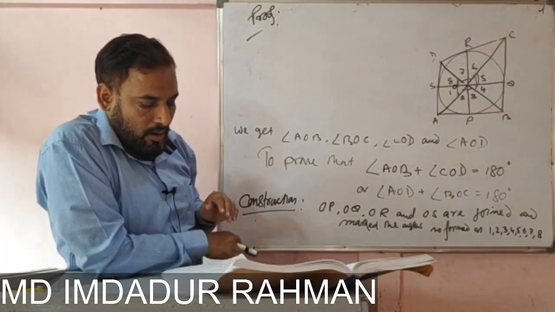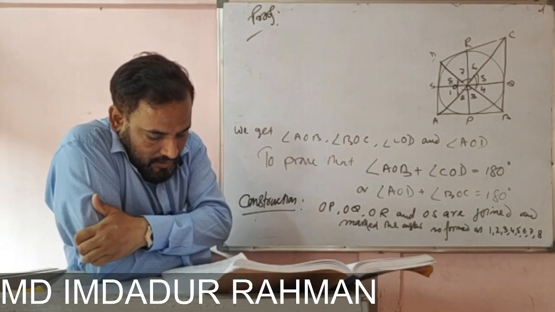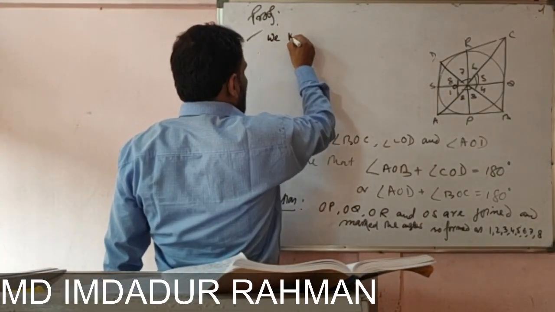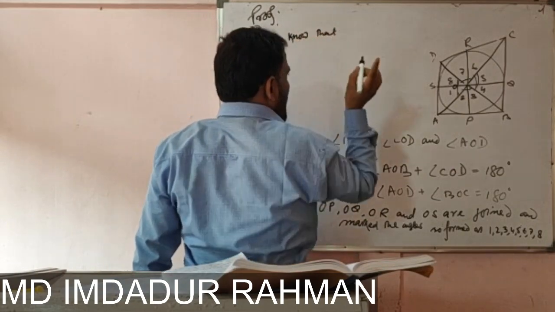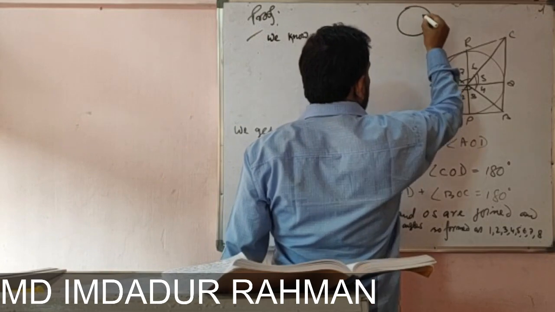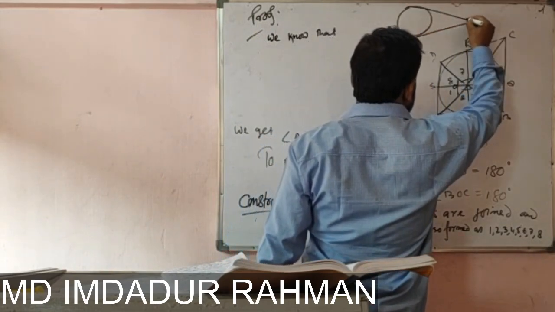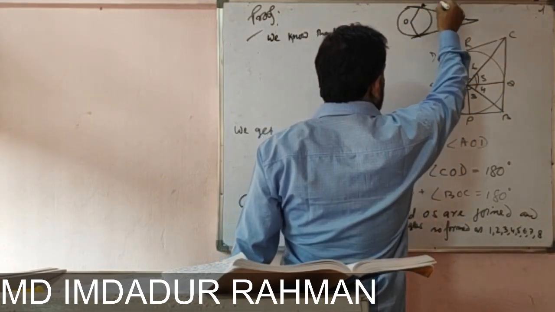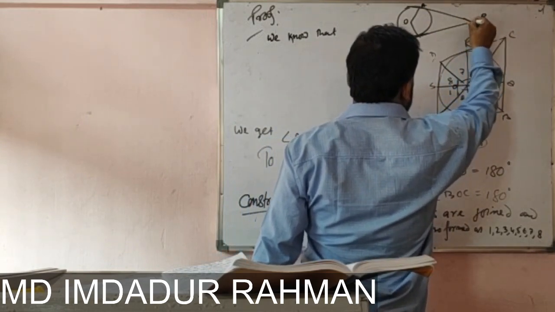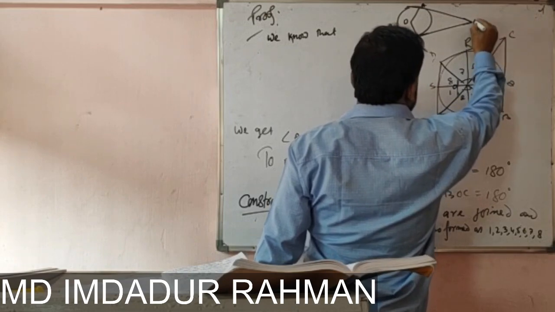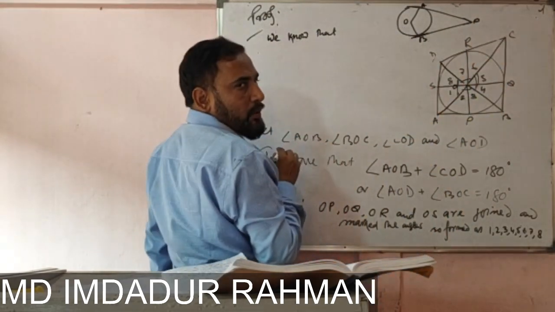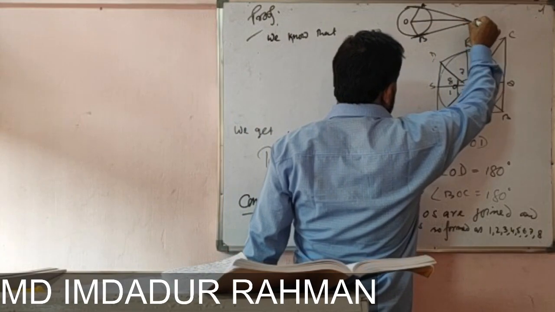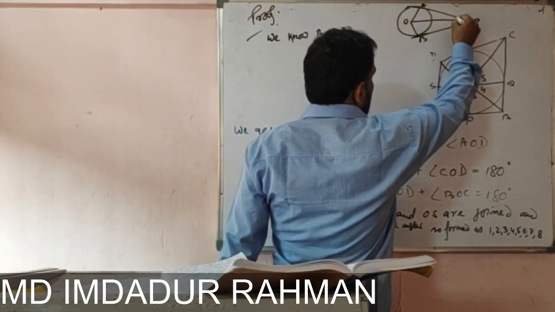Now another property of the tangent is there. We know that, earlier we got, I am showing simply: if AP and BP are two tangents, and this is the center, and we join OP, then this angle is equal to this angle.